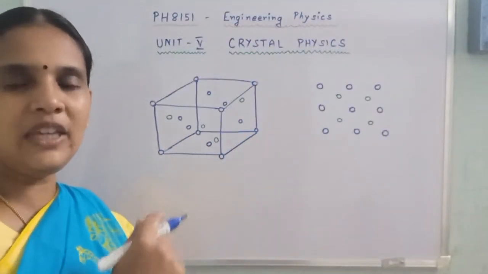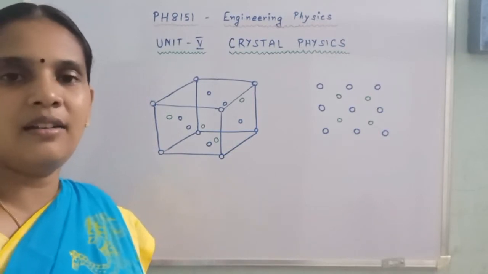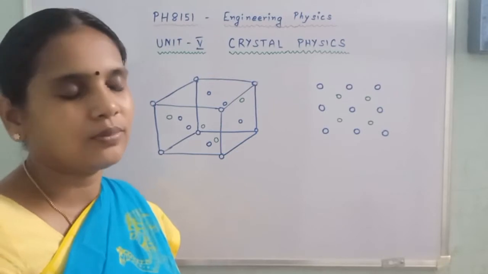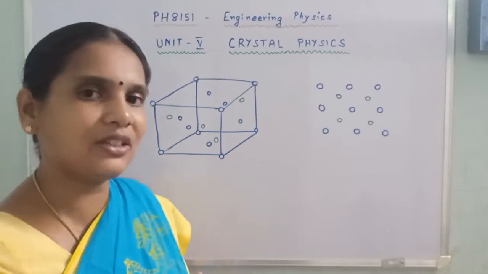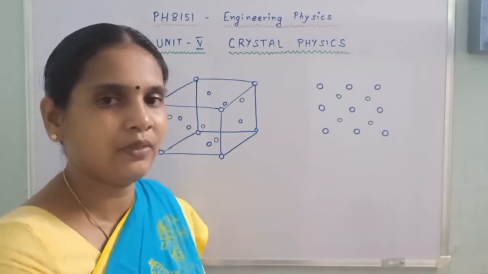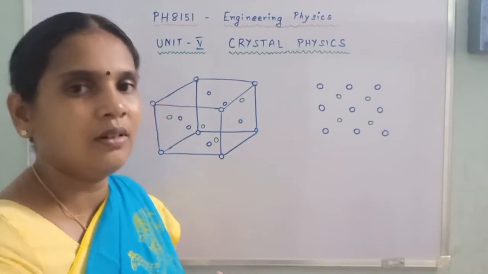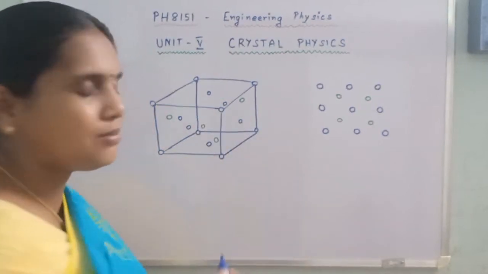This is a unique structure for diamond, and one another material that exhibits this diamond structure is zinc blende. Only difference is that in diamond all the atoms are carbon.